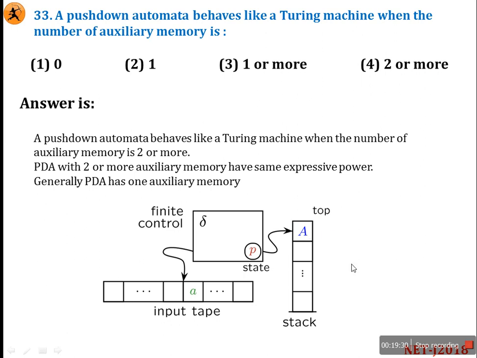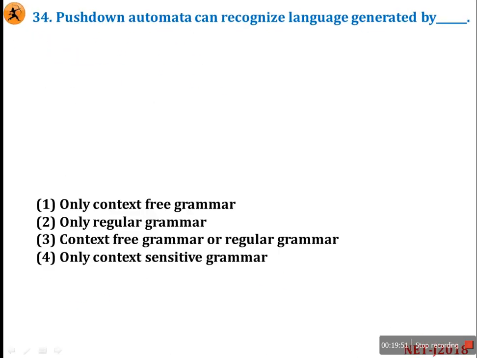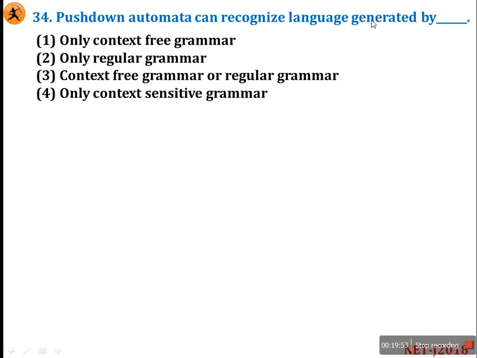If you have 2 or more auxiliary memories, then a Pushdown automata also works like a Turing machine. This is the meaning. So a Pushdown automata behaves like a Turing machine when the number of auxiliary memories is 2 or more. Here there is only one auxiliary memory, so it is not a Turing machine, it is a Pushdown automata machine.